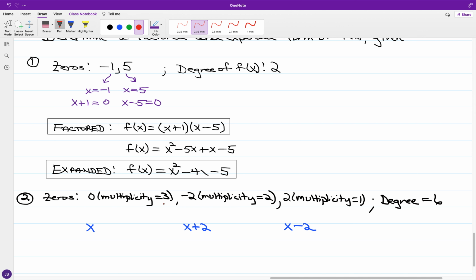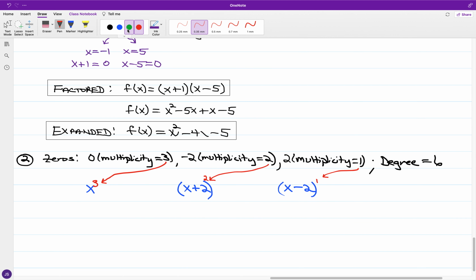Okay, so we got 0 with a multiplicity of 3, so you can regard this as x to the third. -2 with a multiplicity of 2. From -2 I have x plus 2, but with a multiplicity of 2, I'm going to have not just x plus 2, but in effect x plus 2 raised to the second. And we have x minus 2 with multiplicity of 1. This is just going to be plain x minus 2, or x minus 2 to the first.